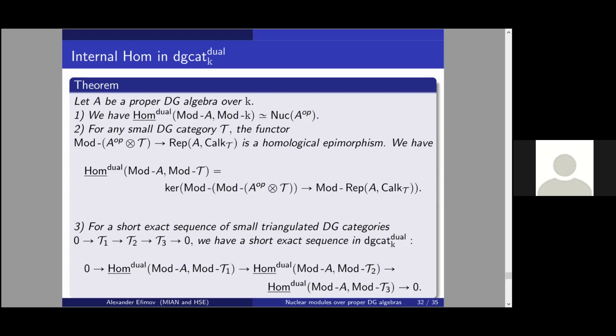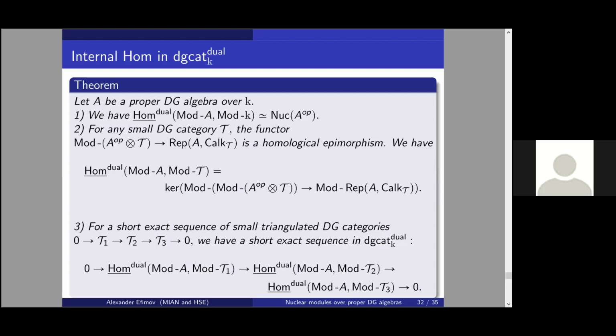But this in particular explains the Zariski descent for continuous K-theory for nuclear modules. It is basically a special case. Yeah, but still the statement is much more general.